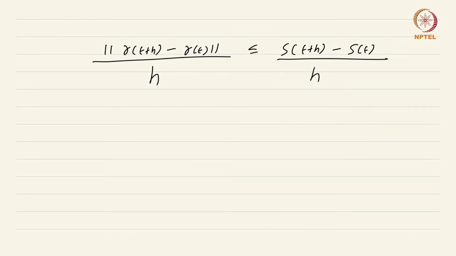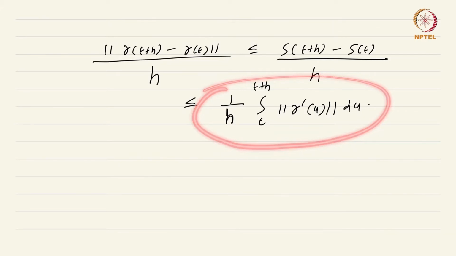And this, again, will be less than or equal to 1 by h times the integral from t to t plus h of norm gamma prime of u du. This inequality is not really by the fundamental theorem of calculus, but by what we have just proved.